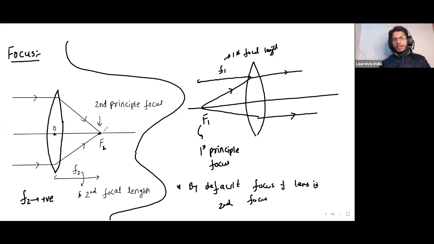So you're moving from the optical center to the focus in the direction of light. That's why it's positive. So I'm writing it here: in a lens, we measure all distances from the optical center.